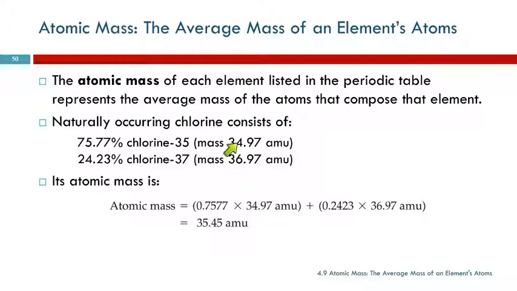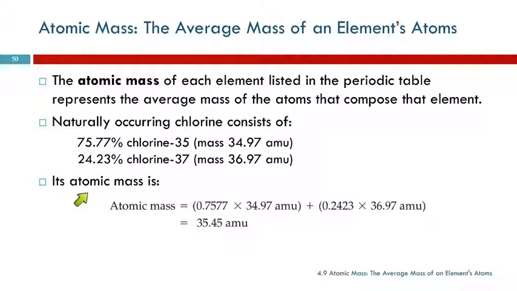Notice that this number is very close to the mass number, but not exactly. 24.23% of chlorine is chlorine 37. So this chlorine has 2 more neutrons than chlorine 35. The atomic mass of that isotope is 36.97 atomic mass units, very close to 37.